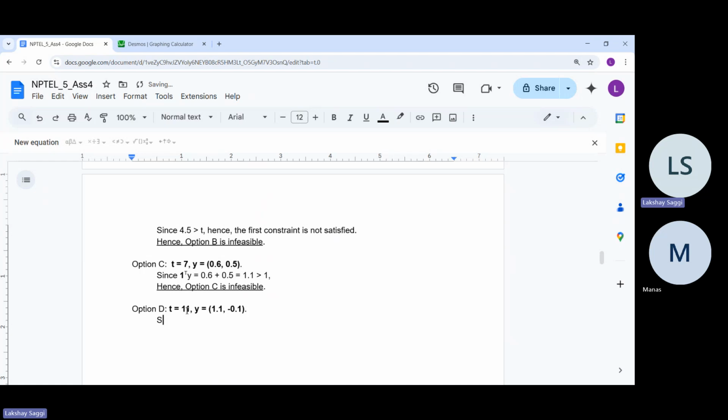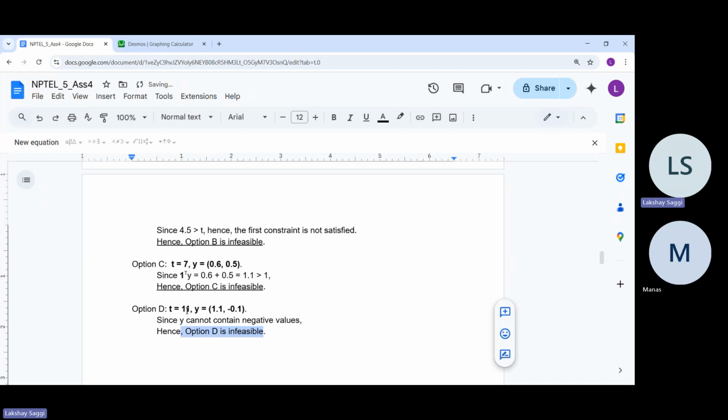So here you can directly say that it is infeasible since y cannot contain negative values, hence option D is infeasible.